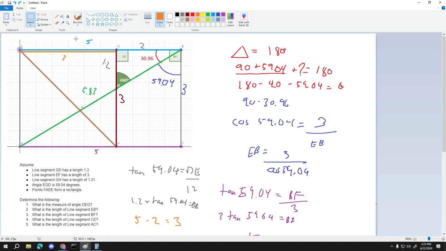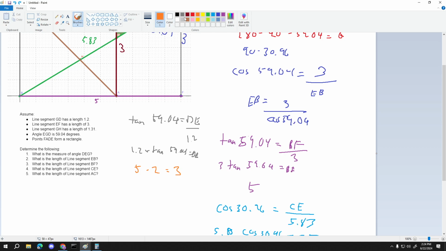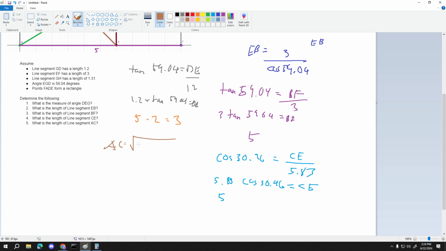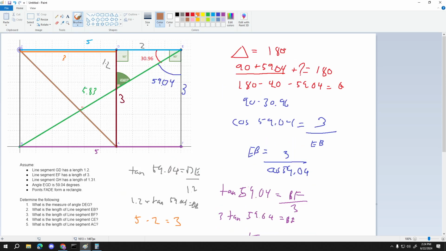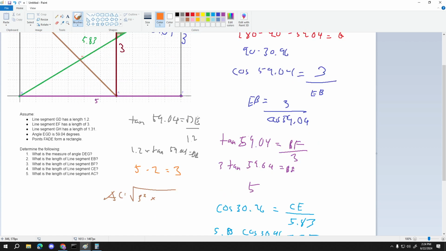So we use the Pythagorean theorem, which is a squared plus b squared equals c squared, because we know this is a 90 degree angle, right? So AC is equal to the square root of 3 squared plus the orange 3 squared.